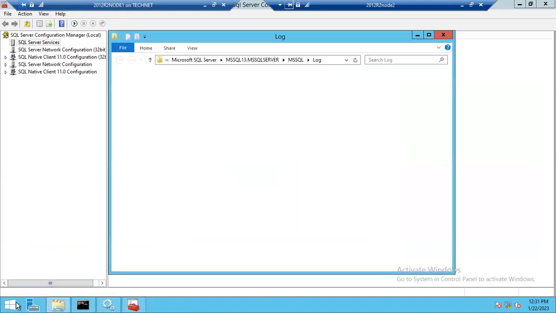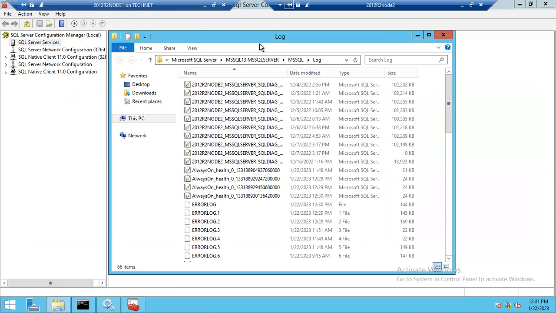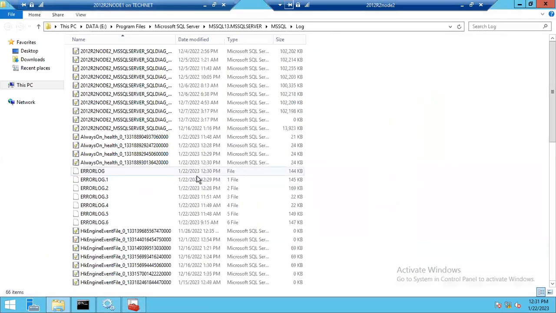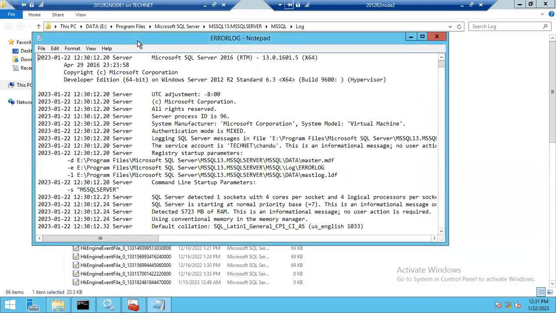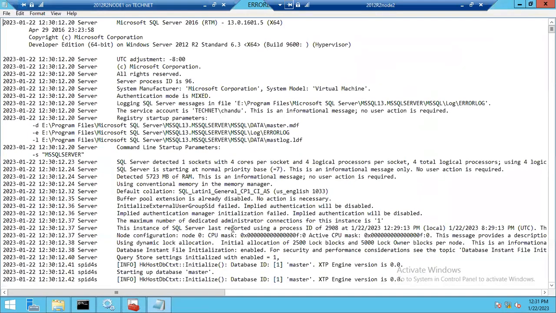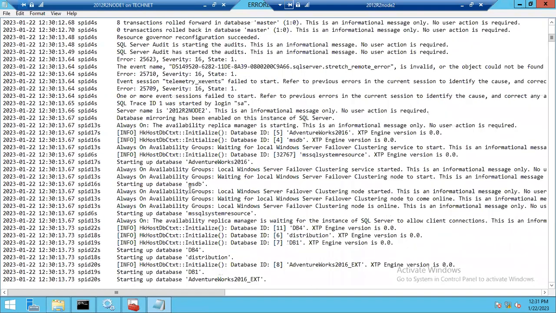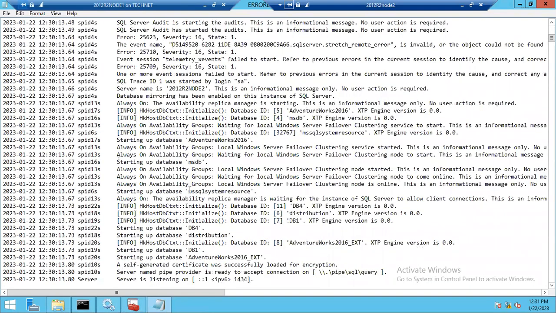Go here, open that location, and see the SQL error log here, right? The most recent error log is this one, from 12:30 local time, 12:30 p.m. If I open that error log, we will have to understand what is going on and why the SQL service is not starting up. Okay, let's scroll down, maybe to the bottom.